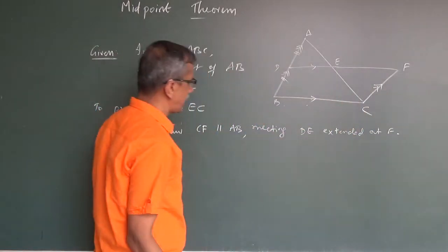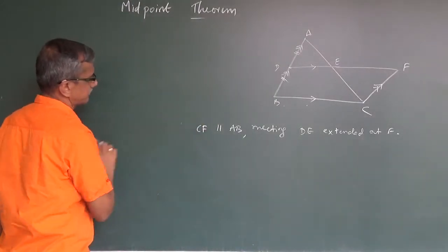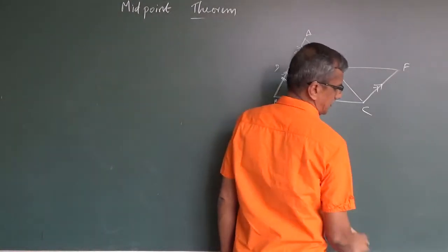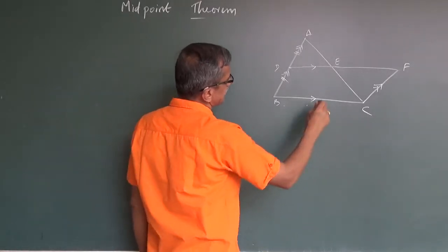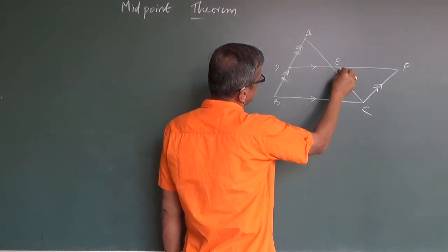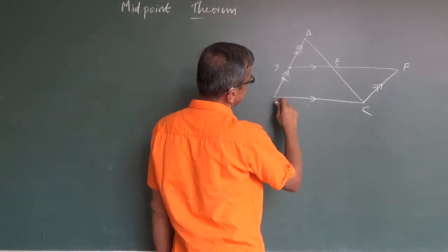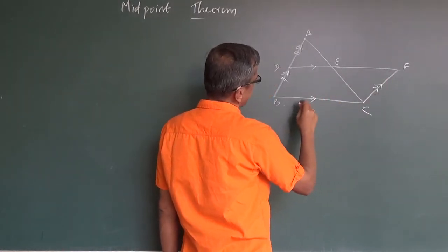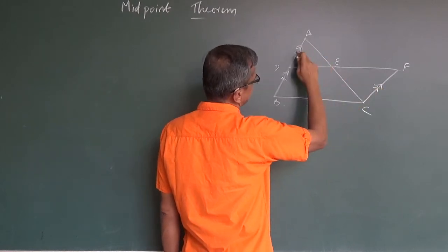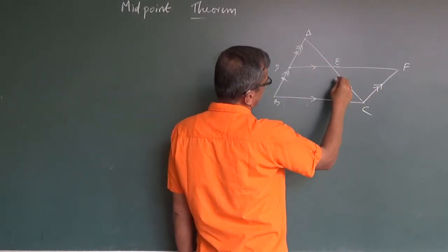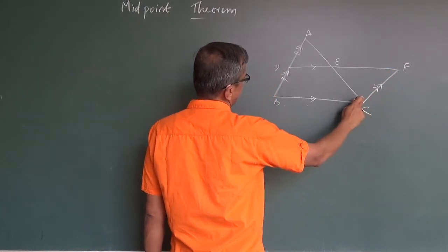Now the proof part I will write now. I have to erase this. So once again you can see here, these two are vertically opposite angles. And in a parallelogram, opposite sides are equal, that means this and this are equal. And this is the alternate interior angle, this is also an alternate interior angle.